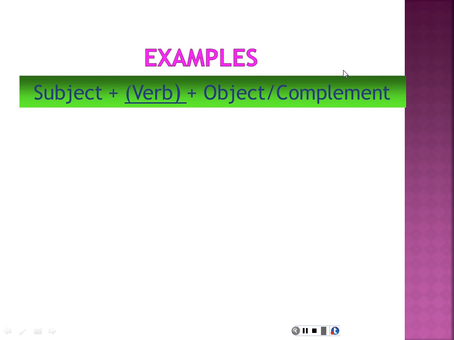Before we have the examples, we can see the structure, the sentence structure using this tense. We start with the subject, then the verb, which is the main focus of this tense, plus the object or complement, the rest of the sentence.